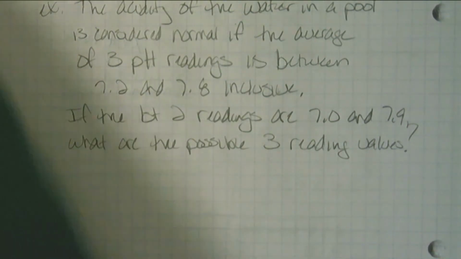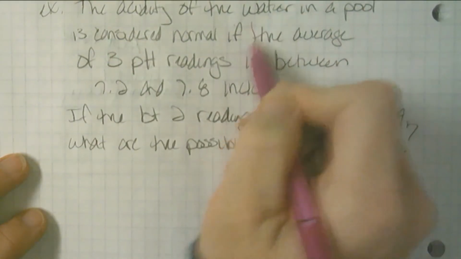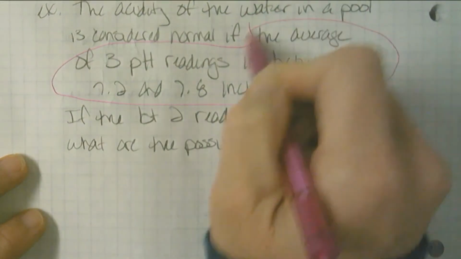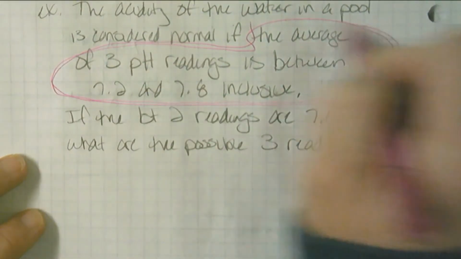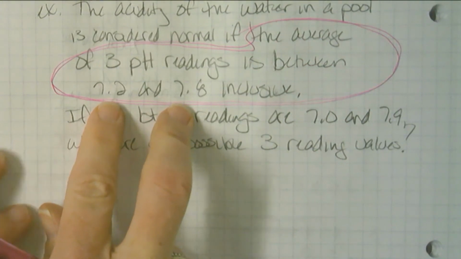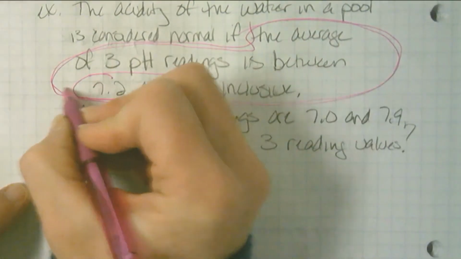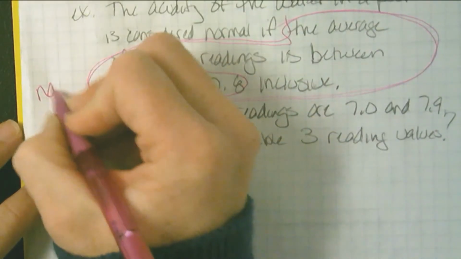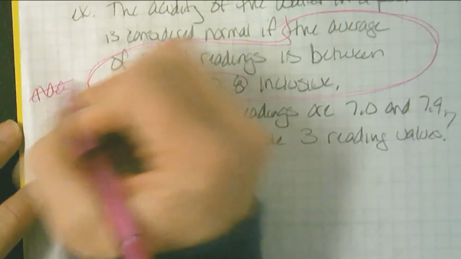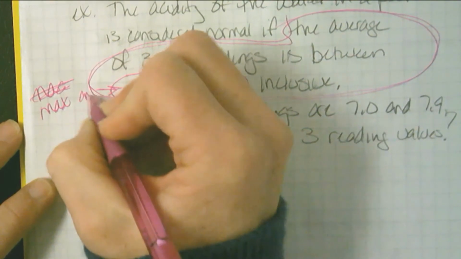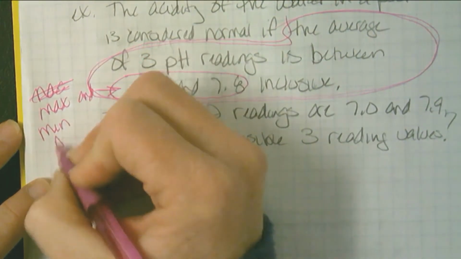All right, if I take a look at this, the average of three readings is between 7.2 and 7.8. These are considered my maximum and minimum average.